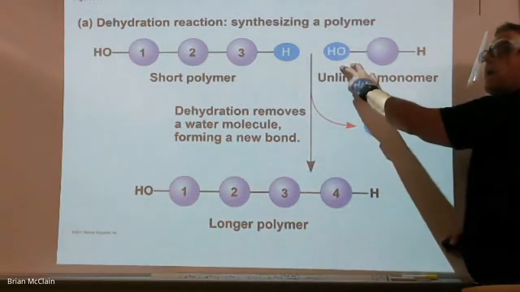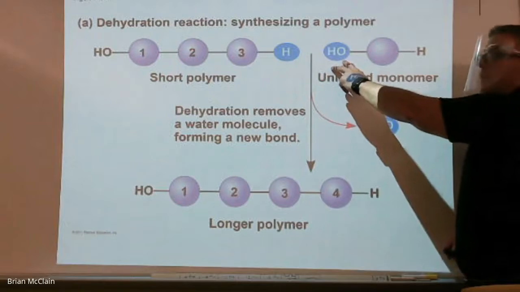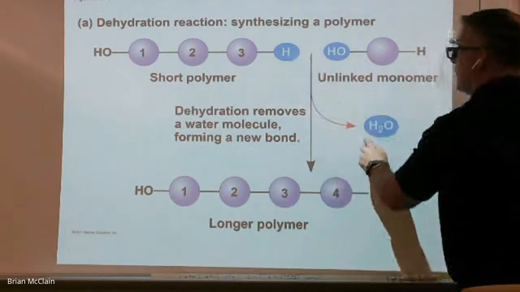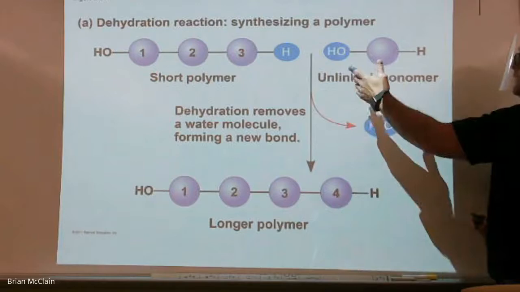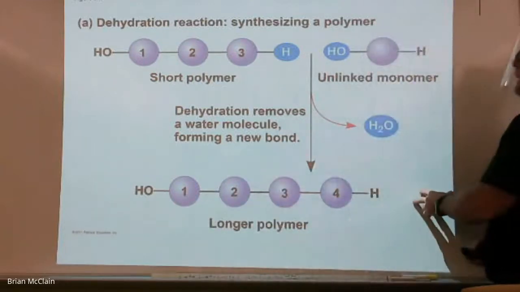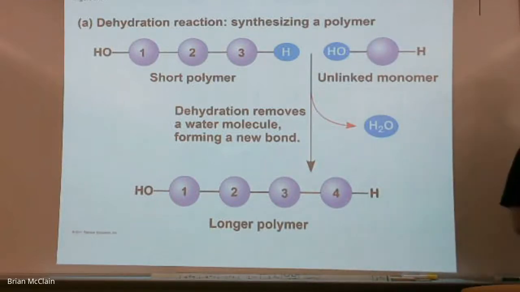Over here, we have an OH. Okay, we talked about that as being one of the alcohol groups. When we bring these two together, we are going to release water. Okay, so that's a condensation reaction or dehydration. So that builds up something that's going to be more complex. And as a result, it's going to be energy consuming to do that.